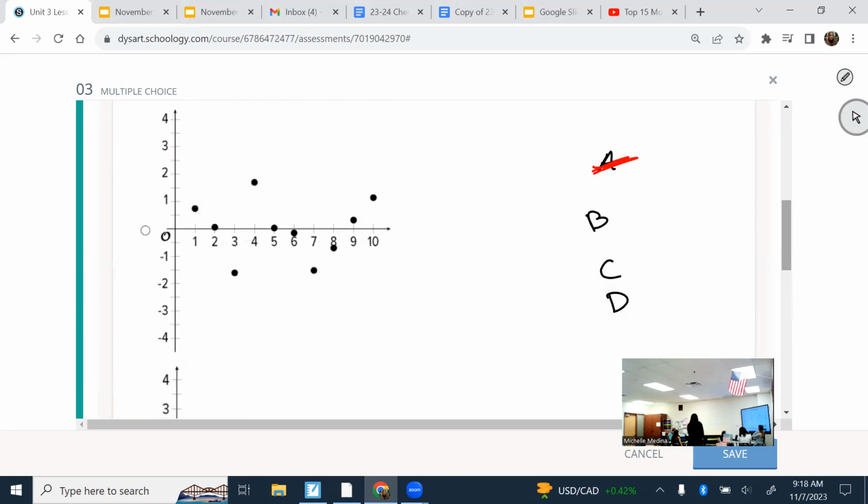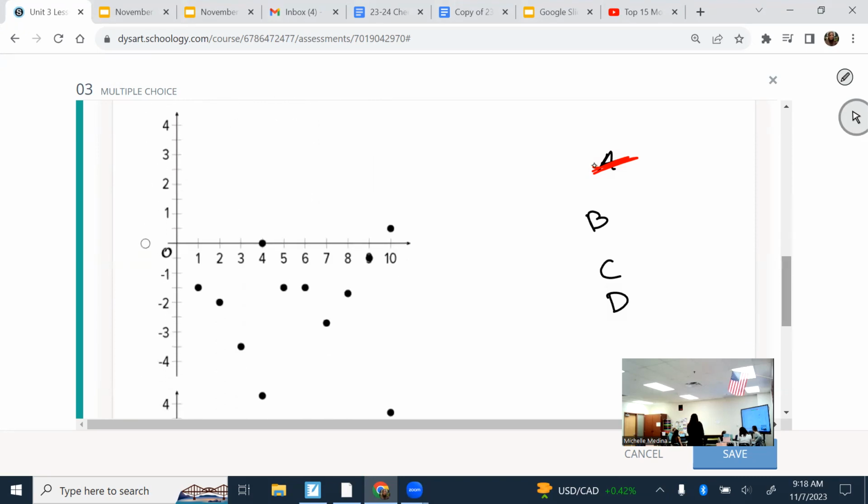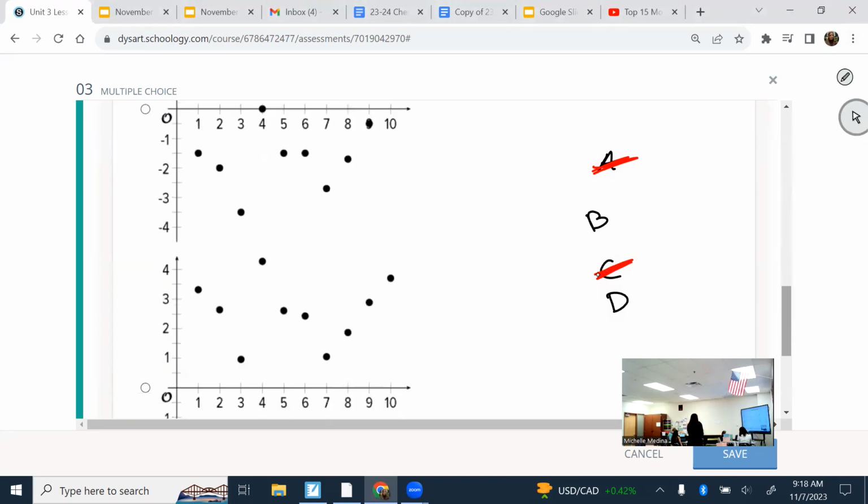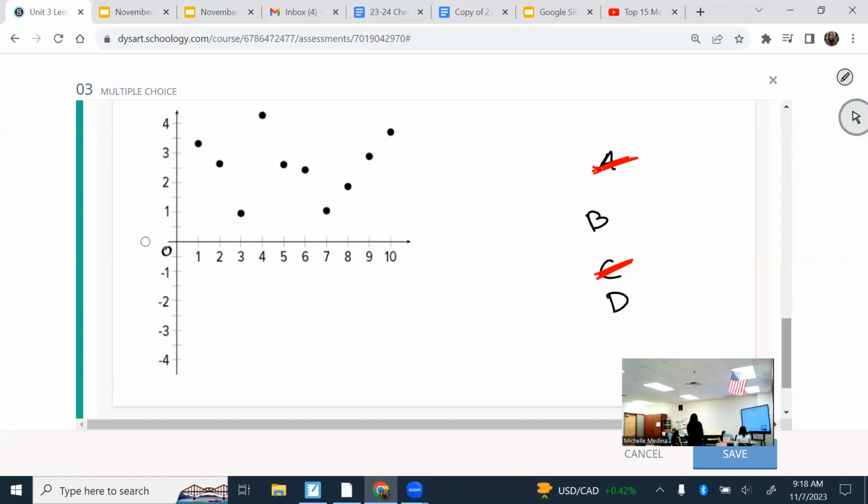B still, because we want some above and some below. B has too many of them below. And then now compare B to D. So here's B, memorize it. It should be B. Because again, you want to be close to the x-axis, but you still want some above, some below. Question?